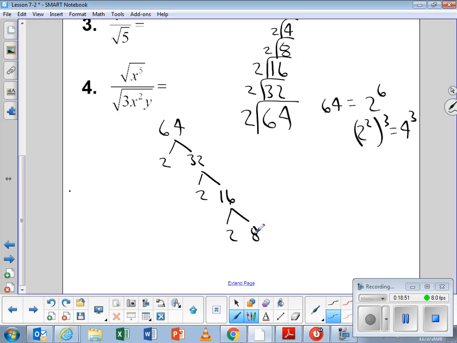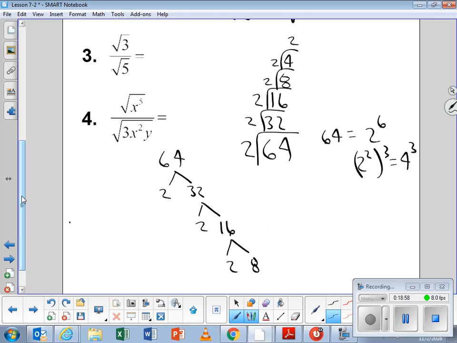And when they're done, they get all these 2's. So you may have seen it done that way before. I don't teach that because sometimes your factors are all over the place. And this way, they're always right there. That's the way I teach it. Anybody not done copying down that example yet?